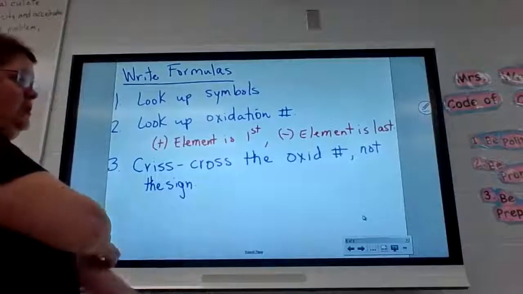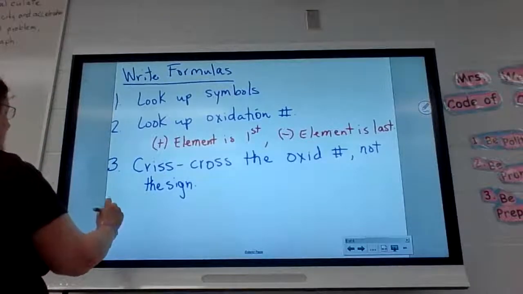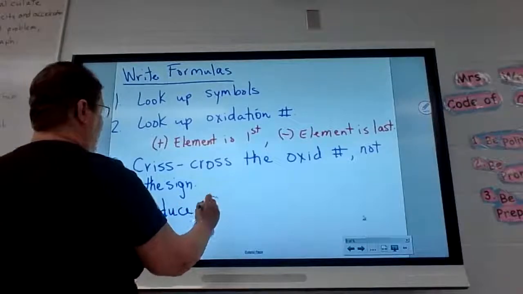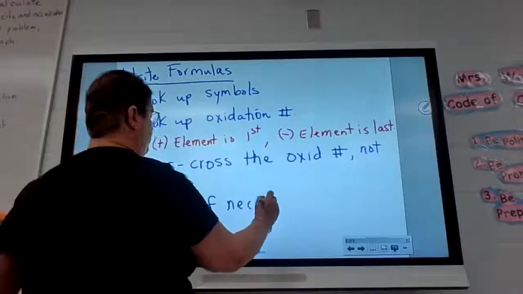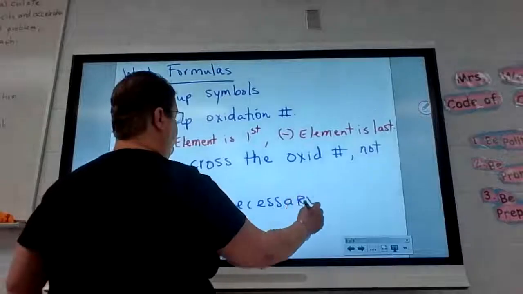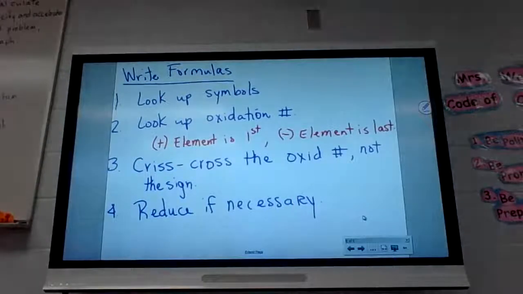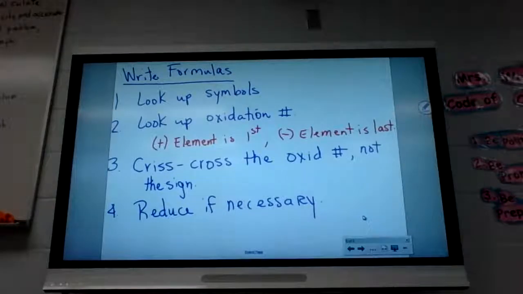We're just going to crisscross the oxidation numbers. In step 4, reduce if necessary. We will only need to reduce probably 10% of the time. Okay? We are not going to have to reduce very often, but we will have to reduce some, but not very often.